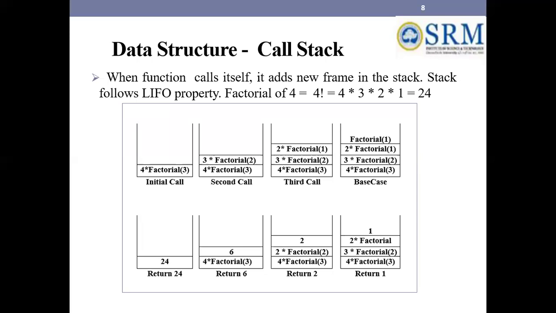Finally, when it reaches the base case, the value of factorial of 1 is 1, and that value will be substituted in the next recursive call, and the frames will be unwound. Finally we get the result, that is 24.